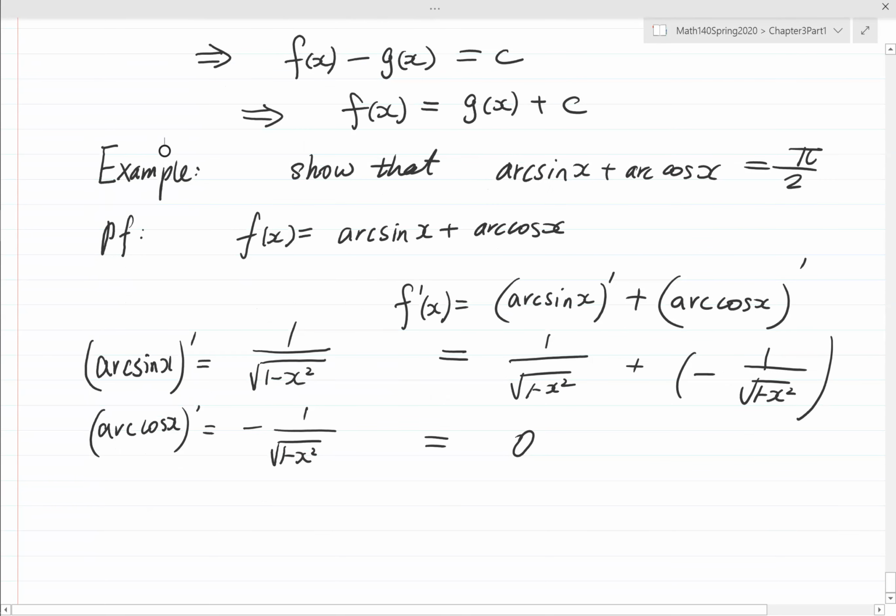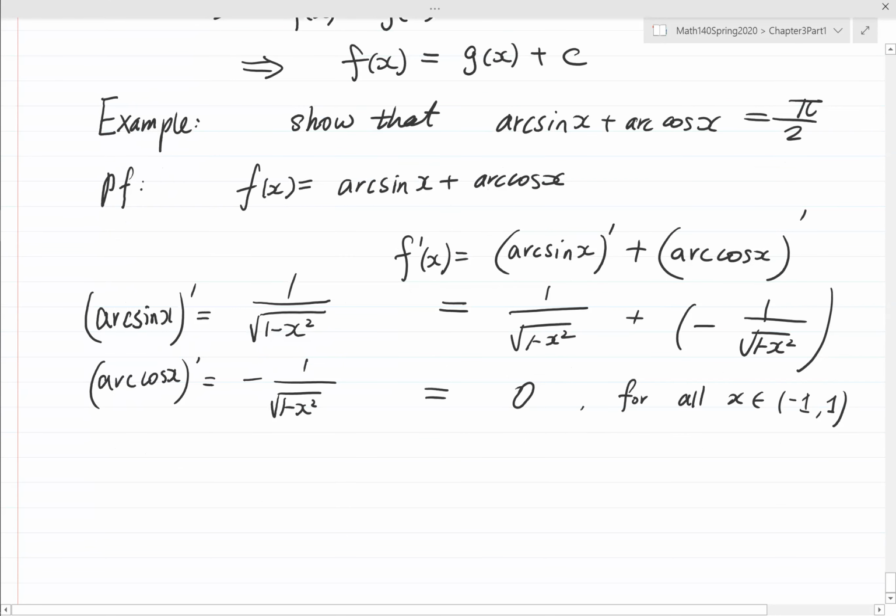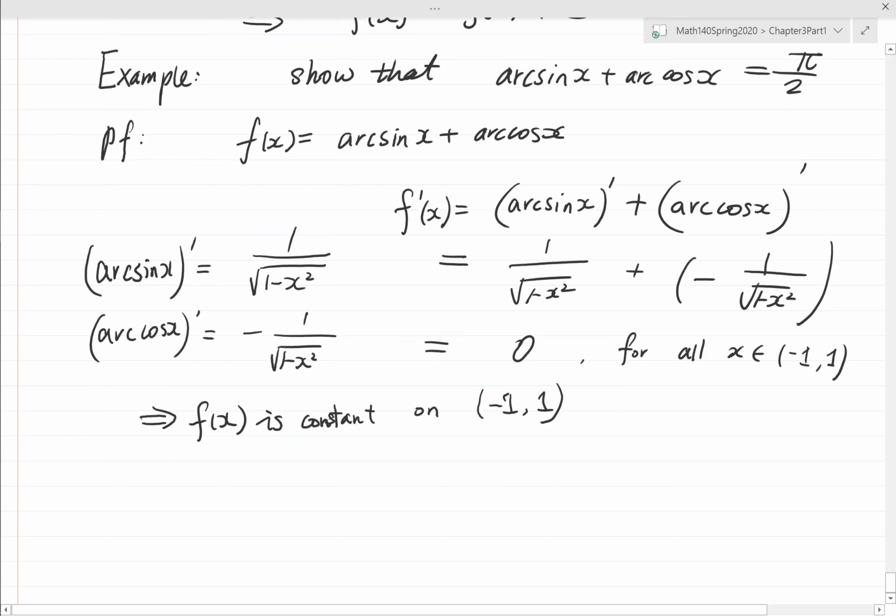So for all x, it's differentiable from negative 1 to 1. So we can conclude that f(x) is constant on negative 1 to 1. For instance, we plug in 0.